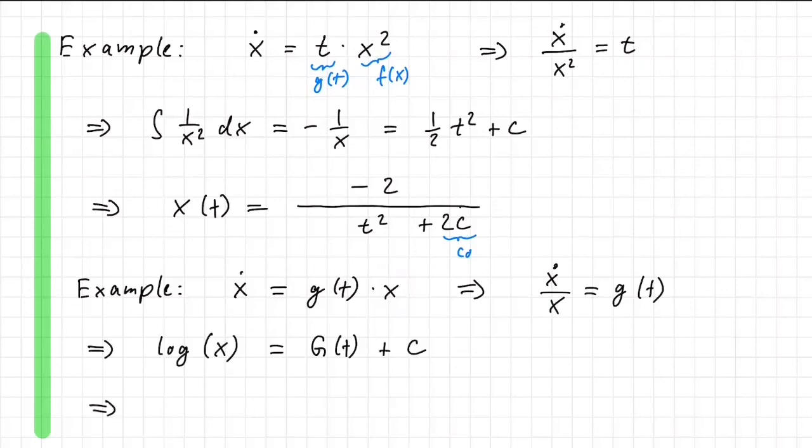Again I can easily solve to find x of t equals e to the power of c times e to the power of capital G of t. And I can again redefine this as c0 times e to the capital G of t.